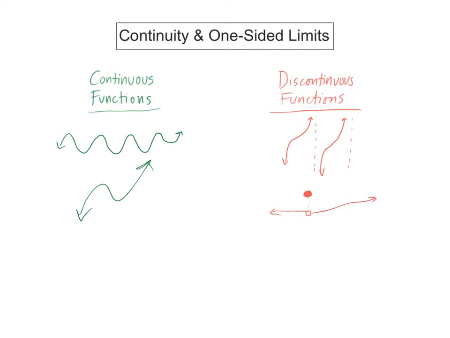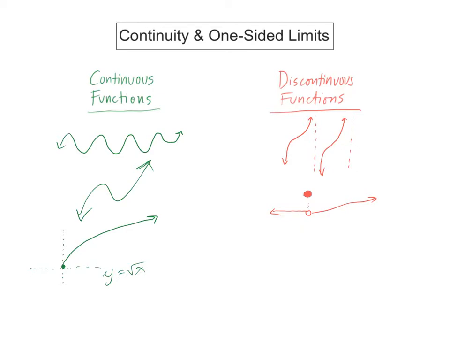A square root function, that's continuous everywhere to the left of, let's just make this y equals the square root of x. This is not continuous everywhere.